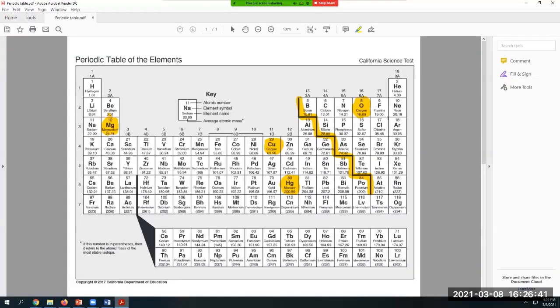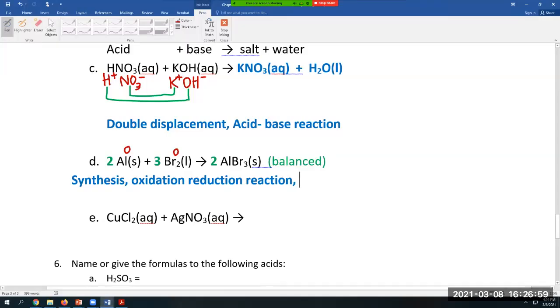Bromine being a halogen makes a -1 ion. And then aluminum, it's a metal from group 3A, and so it's a predictable ion as well, a 3+ ion. And it confirms the formula here. So 3+ for aluminum, and then -1 for each bromine. We have 3 bromine, each 1 negative charge, so that's 3 negative charges in total that are cancelled by the 3 positive charges on the aluminum.